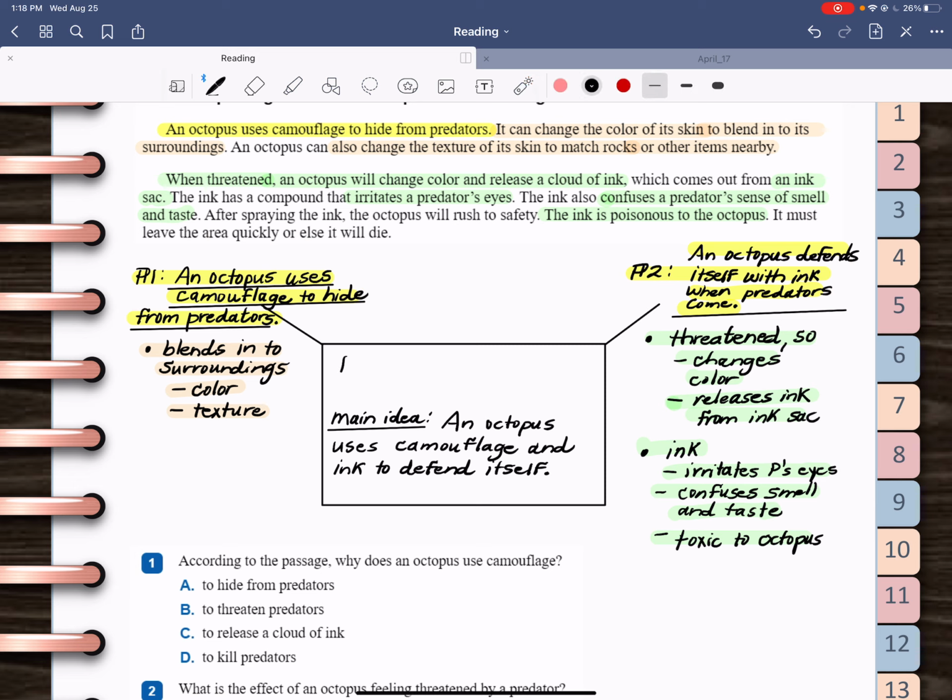A topic. Well, clearly we want to talk about octopus, but that's too big. Octopus could cover anything. It could talk about how long they live, where to find them, what they eat, but this is talking about self-defense.